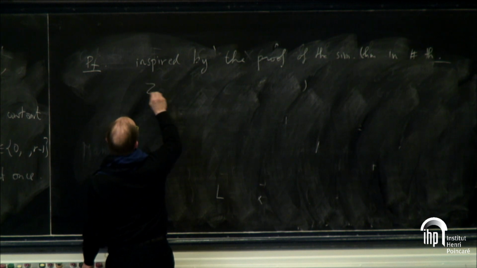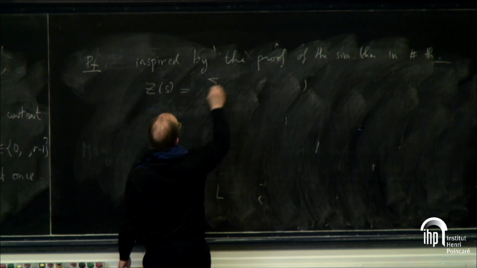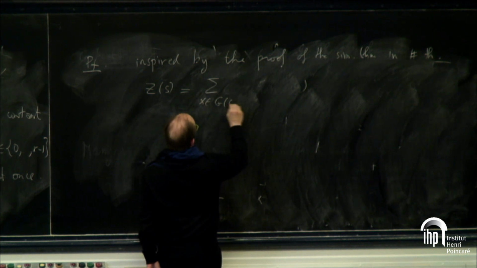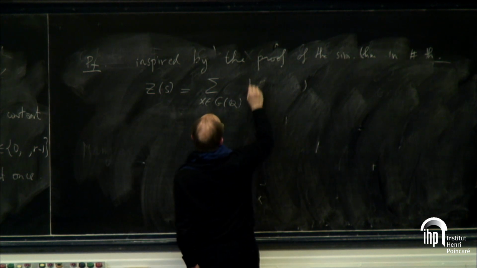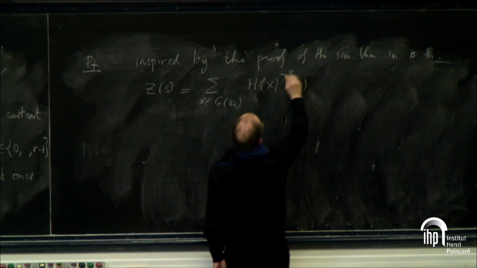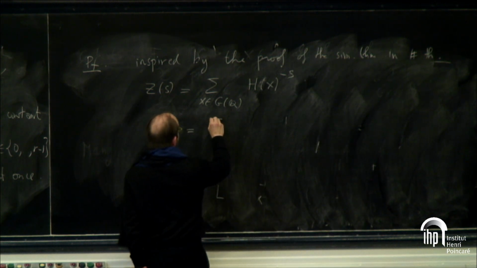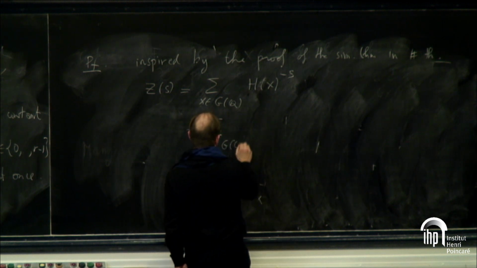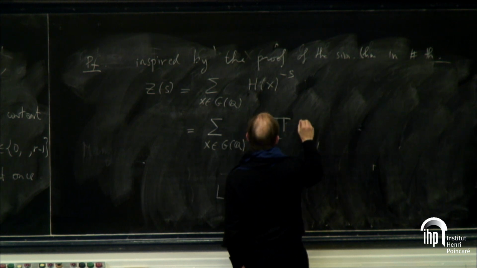You take the usual height zeta function, the sum over all rational points of G, height of x to the power minus s. And then what you do is write the height as a product of local components.